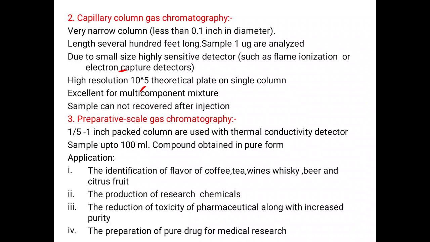One of the most important uses of preparative scale gas chromatography is in the preparation of pure organic compounds. In analytical chemistry, it is used for trapping components of mixtures of organic materials and identifying each of them by methods such as IR, UV, NMR absorption, and mass spectrometry.